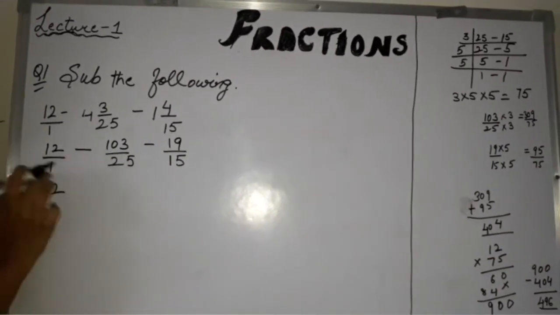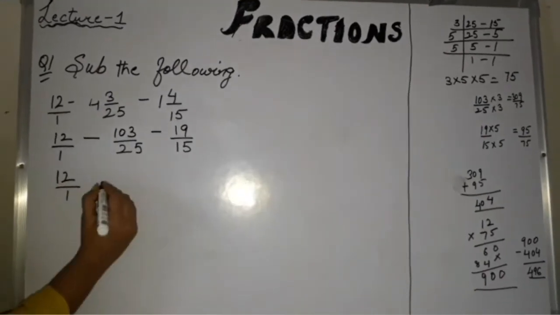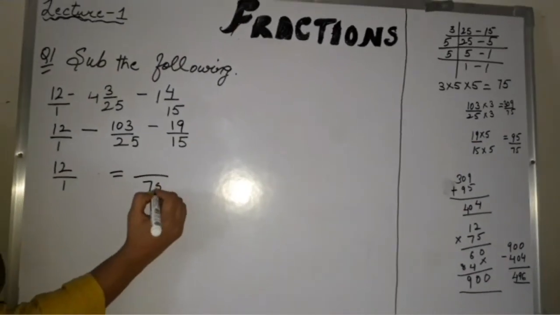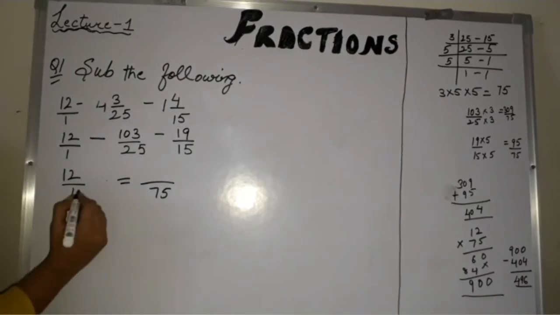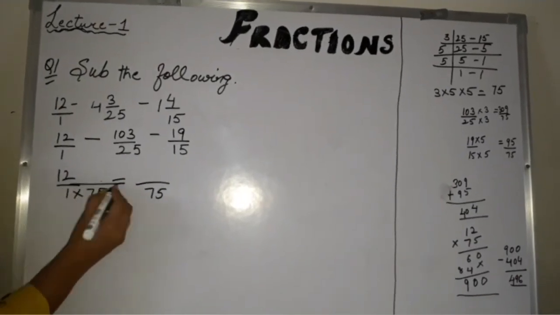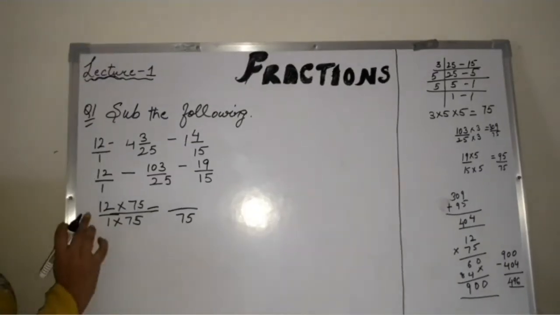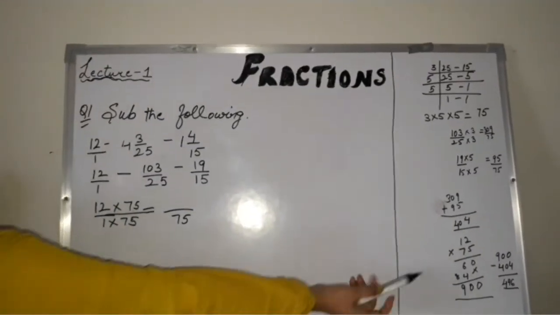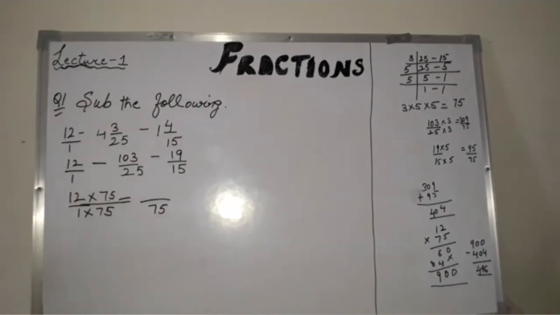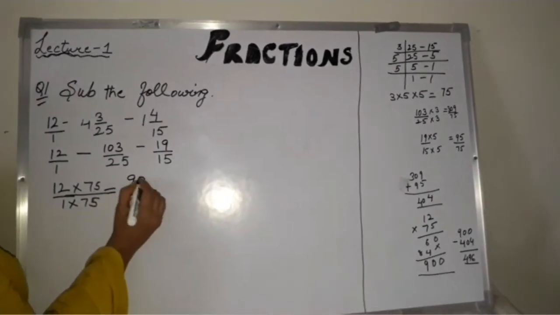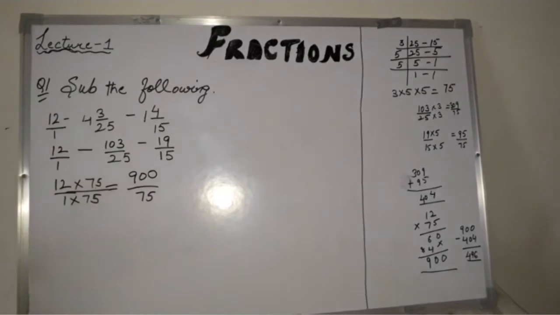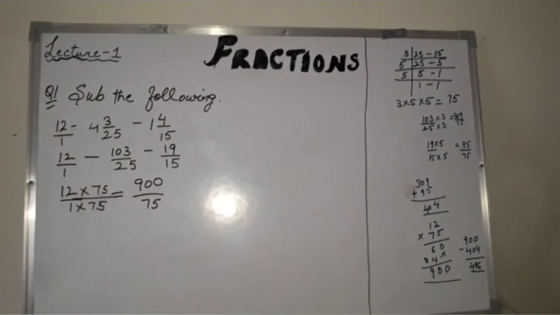Now I will take the first term first, and I want the denominator as 75. So I multiply by 75, and I get 12 multiplied by 75. I solved it in my rough work and got 900. So my term becomes 900 upon 75.